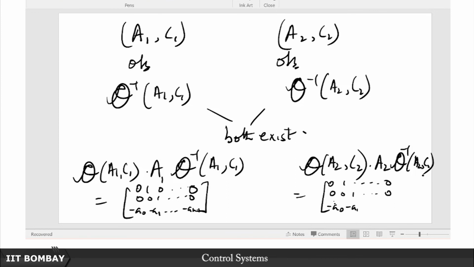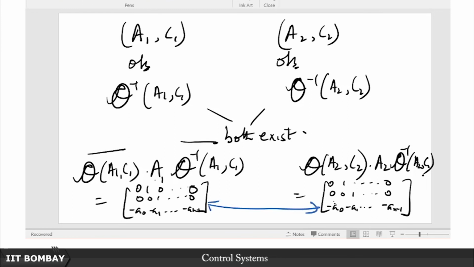If a system realization is observable and I take this sort of a similarity transformation, I can do this because it is a square matrix and it is invertible. So this is a legitimate similarity transformation. For any observable realization, I know the exact form of the A matrix that I transform to, so both of these turn out to be the same.